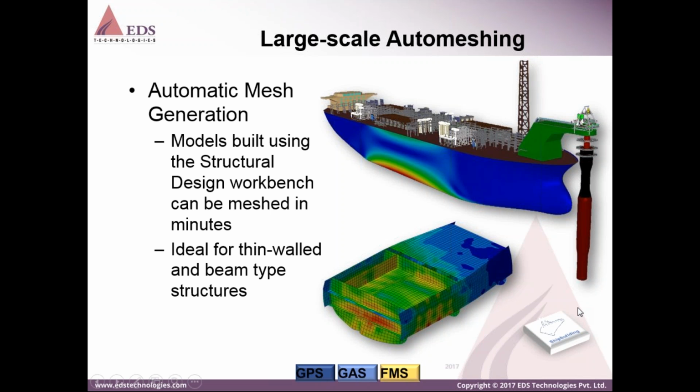Automatic mesh generation: models built using the structural design workbench can be meshed in minutes. The structural elements can be meshed very easily and in less time. Also, thin wall elements, beam type elements which are used for structures, can also be meshed.